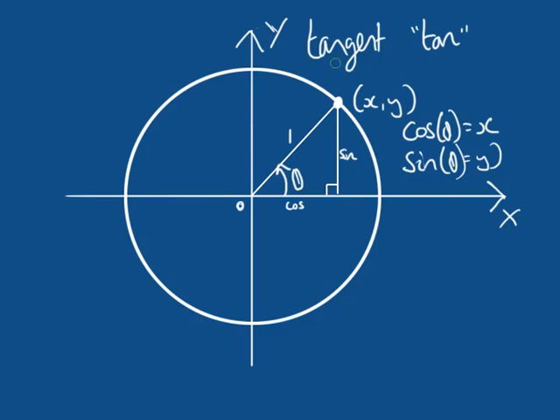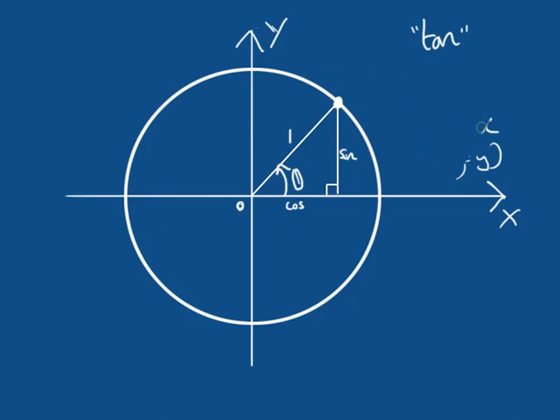Now I need to make a little bit more room here, so I'm going to erase our workings on the right hand side, because all that's important at this point is our right-angled triangle. So here we have a right-angled triangle.